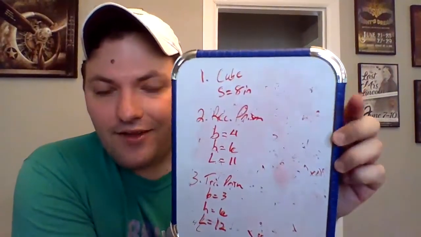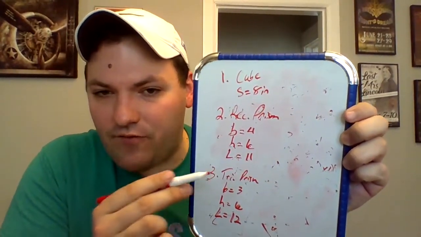And then number 3 is a triangular prism with a base of 3, a height of 6, and a length of 12. Okay, so here's your challenge for today.